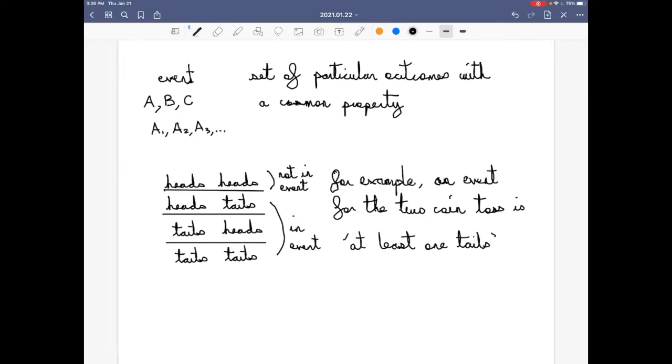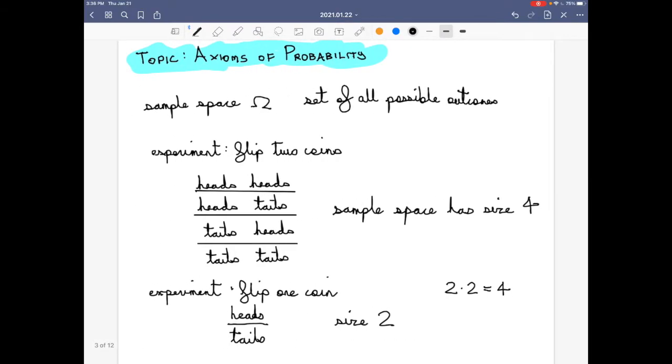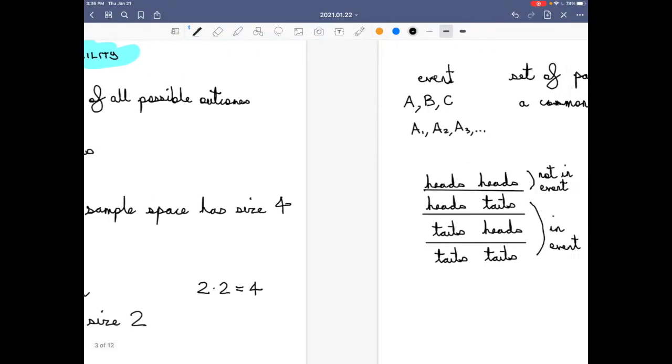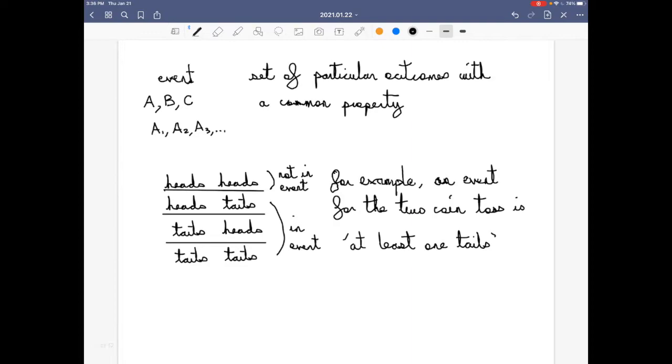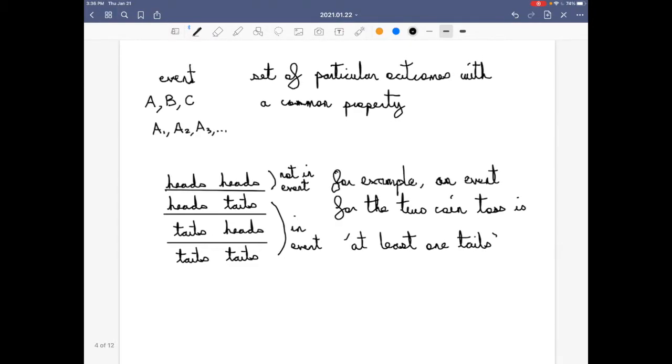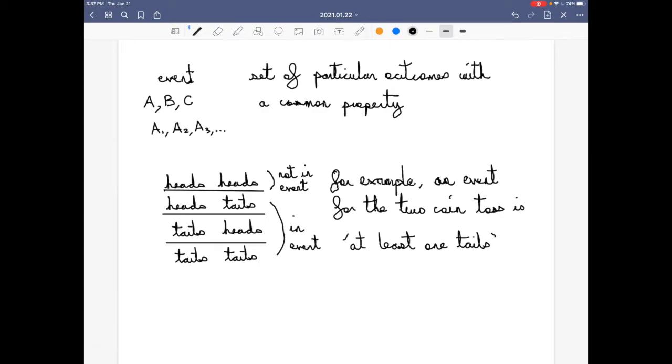So you should expect to see events come up all the time as kind of the most essential mathematical object we're going to be talking about in this course. So in terms of remembering symbols, the sample space is just the set of all possible outcomes. It's everything that can possibly happen, and we'll really only ever see this capital Omega symbol for that. On the other hand, events will be using capital Latin letters, and we'll be seeing all kinds of different events all the time.